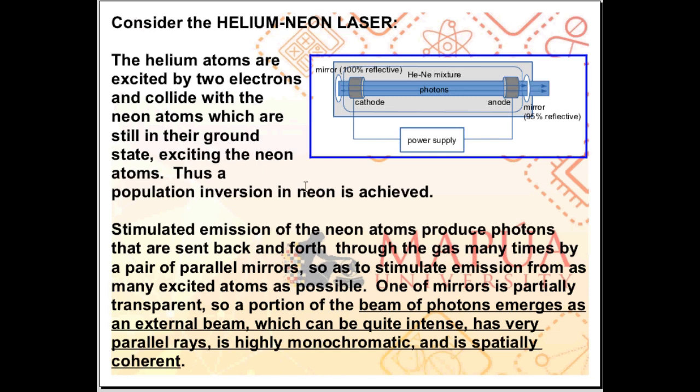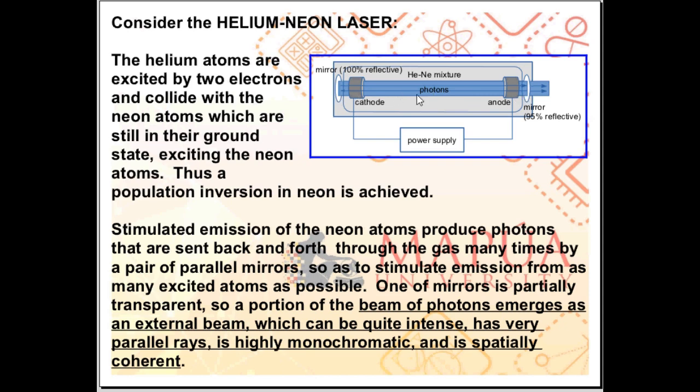And by introducing photons of the right frequency, the excited neon atoms may be stimulated to emit photons. So you have stimulated emission of the neon atoms, which are then sent back and forth between two mirrors.